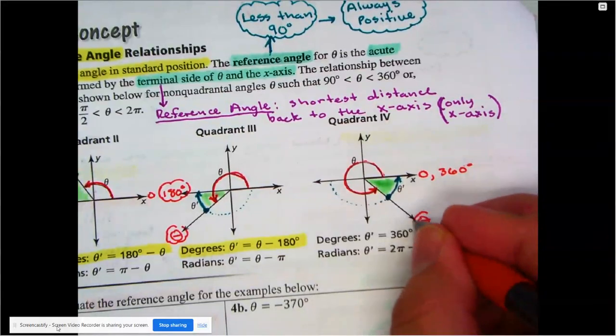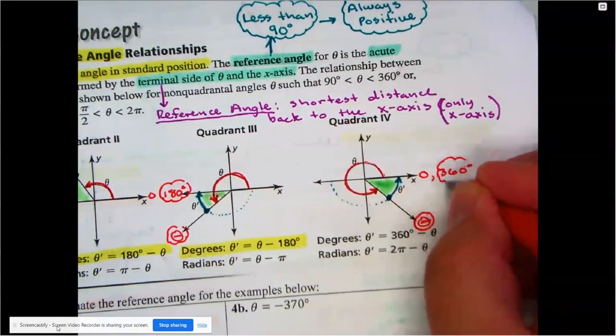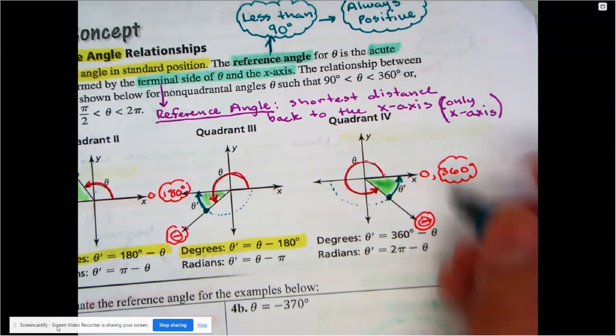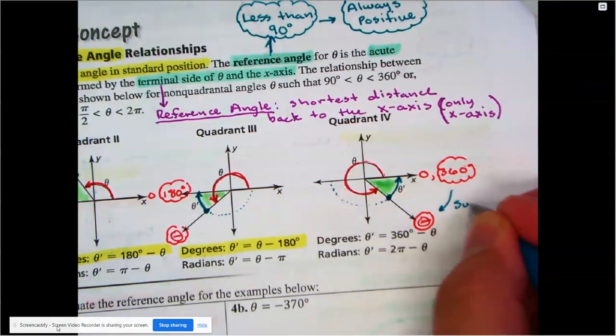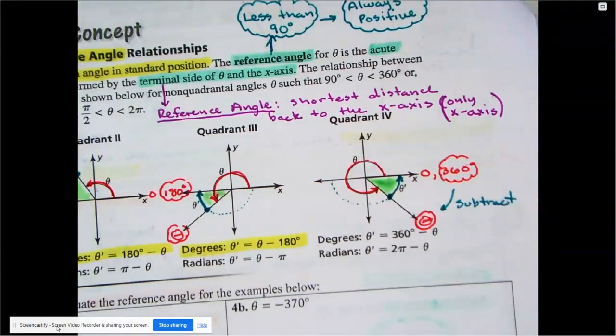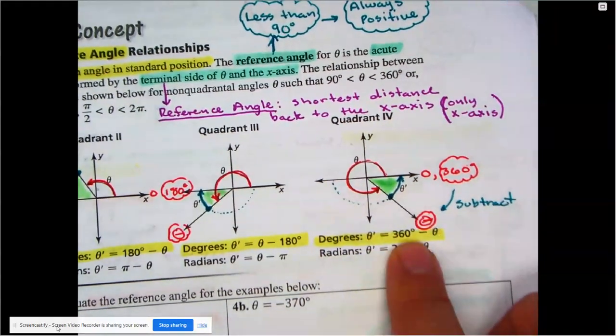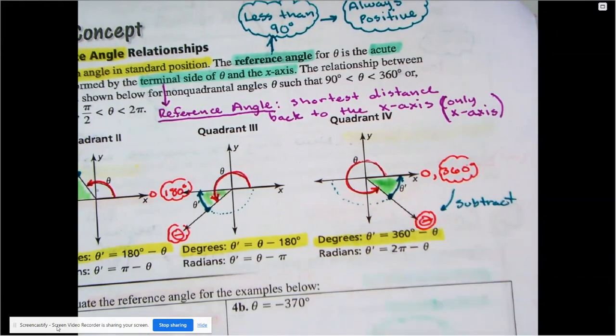So I would use the theta that I drew and the 360. And then what am I going to do? Well, I'm going to subtract. That's the rule here. It's all about subtraction. That's how I'm going to find that reference angle. And that's why when you look at your note, look at what it says: 360, take away the angle that you have. So it's an interesting little concept here, but let's give it a try.